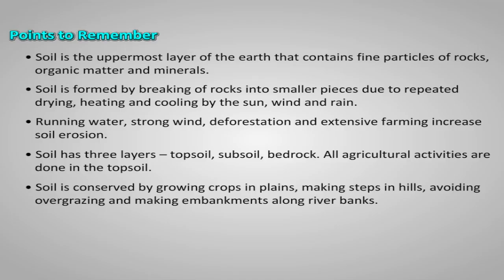Soil has 3 layers: topsoil, subsoil, bedrock. All agricultural activities are done in the topsoil. Soil is conserved by growing crops in plains, making steps in hills, avoiding overgrazing and making embankments along river banks.